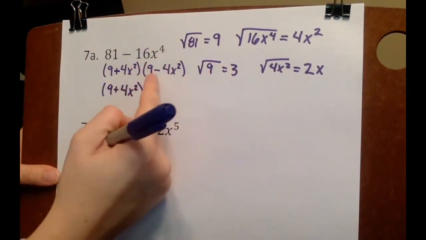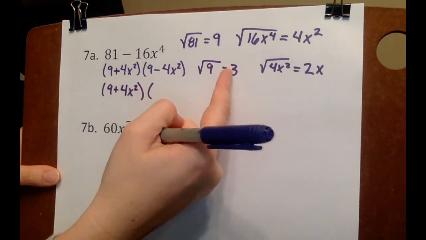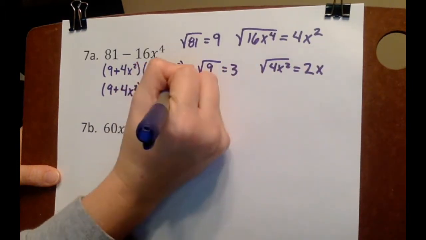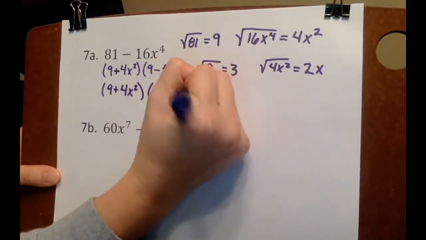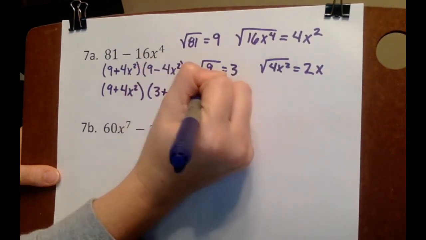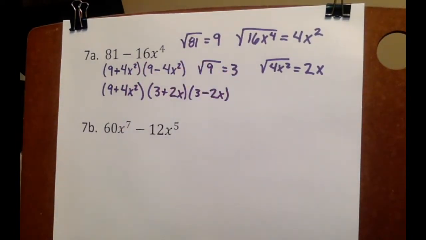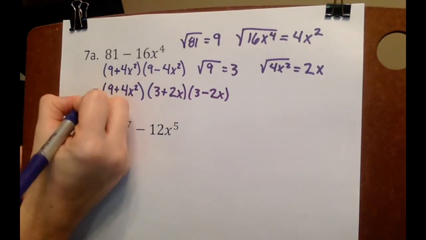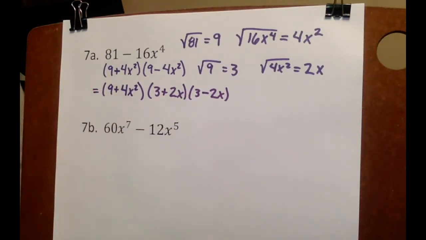We're going to factor now this difference of squares. We said 3 and 2x, so 3 and 2x, and put your plus and minus sign. So this is our completely factored answer for question 7a.